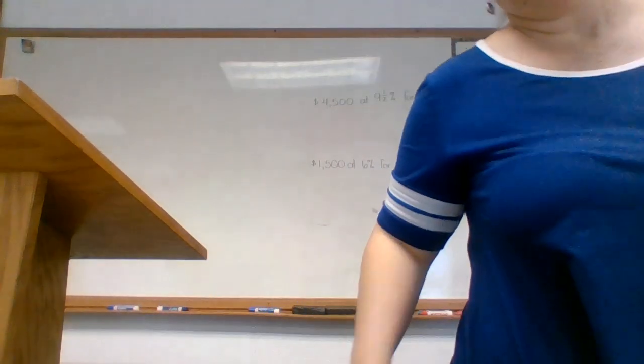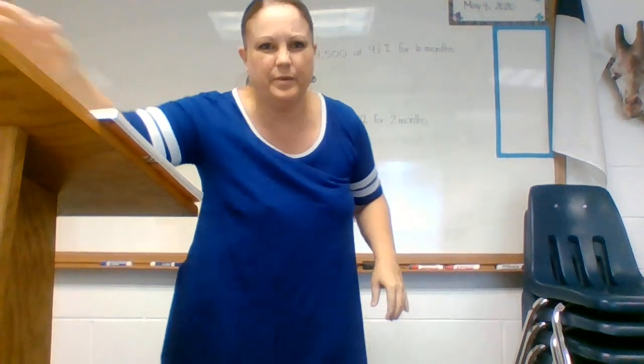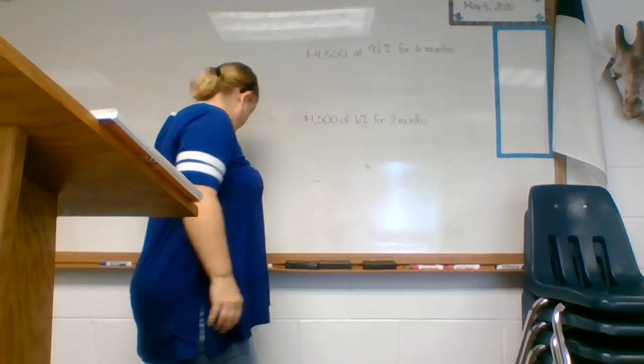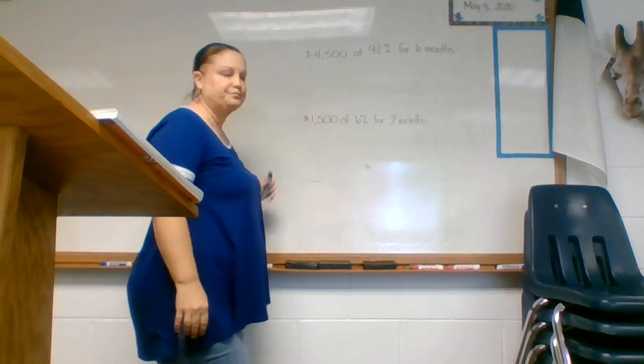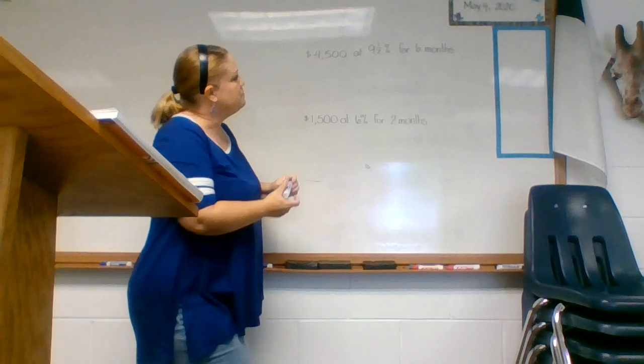Okay, so if you're looking at using that in a simple interest formula, let's do a couple practice ones up on the board. Sorry for making that shape so badly. Let's get this down there a little bit. All right, so if we have $4,500 at 9.5% for 6 months.